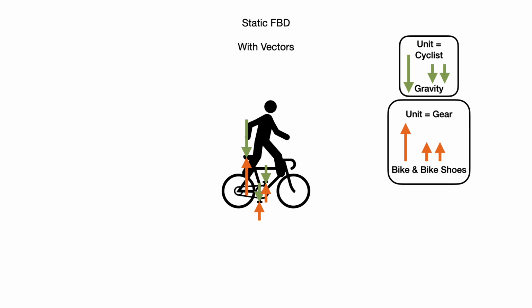All right, so now we have this cyclist and we have this bike with the shoes on it. And so for the cyclist, the way I have this teed up is that the cyclist is going to be sitting on the saddle and then feet on the pedals with the shoes. And so the gravity applied to that athlete is going to be transferred wherever it's touching that bike.